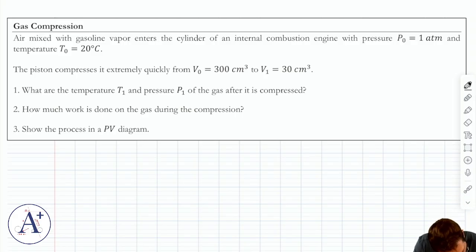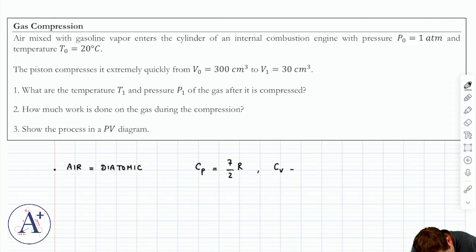Okay. All right, so first things first. If you tell me that I have air as my gas, then I know that I have a diatomic ideal gas. In other words, I know that Cp is 7/2 of R, Cv is 5/2 of R, and gamma is 1.4. So that is just given. I know that. Okay.